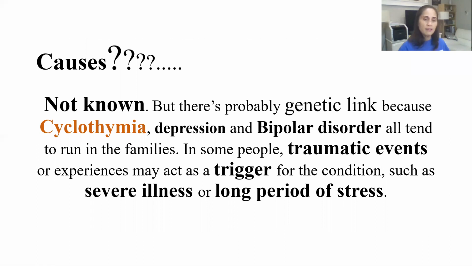Though the rates of cyclothymia and other bipolar disorders in children and adolescents are not well established, the National Institute of Mental Health reports that the rate of cyclothymia is approximately 1% in children and as high as 3% in adolescents. Onset is typically in late childhood to early adulthood.